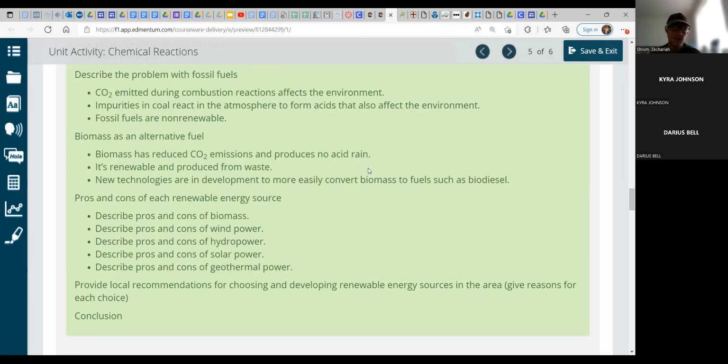It's renewable and it's using waste. That's another interesting part of biomass, you're recycling things that are already being created. There's already plant waste and animal waste, right? So now you're recycling it and using it for energy, and it becomes useful.